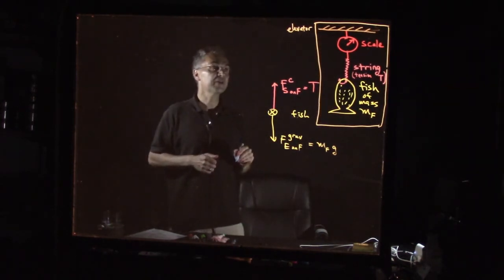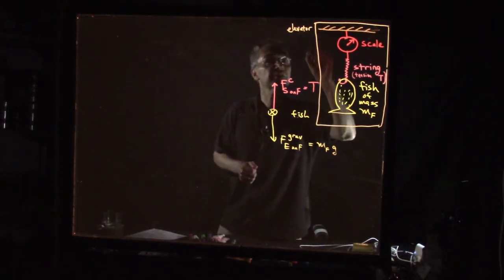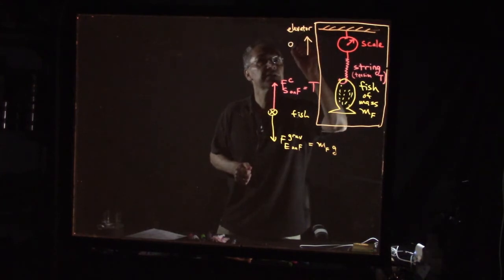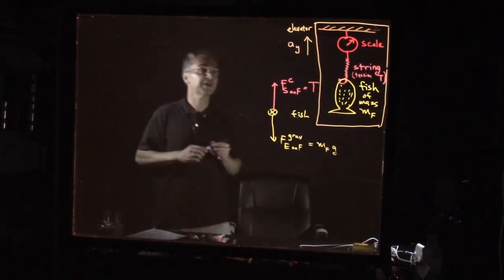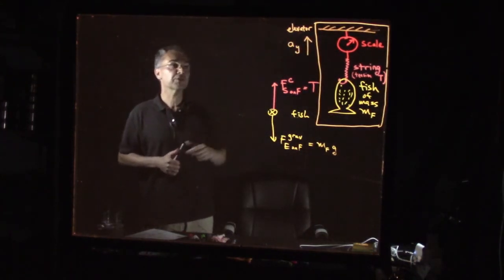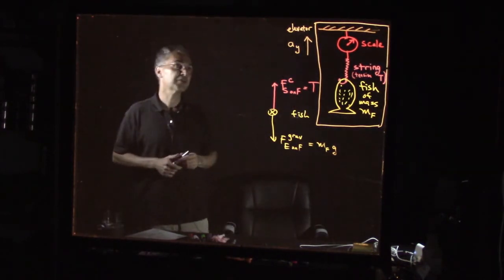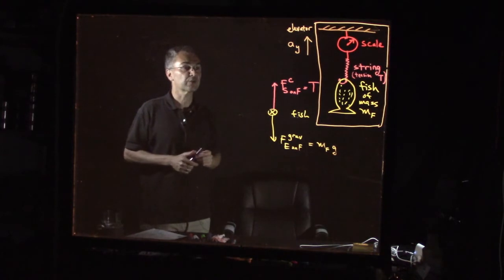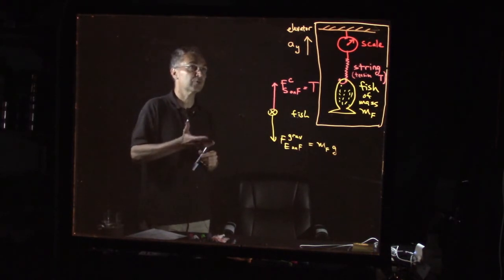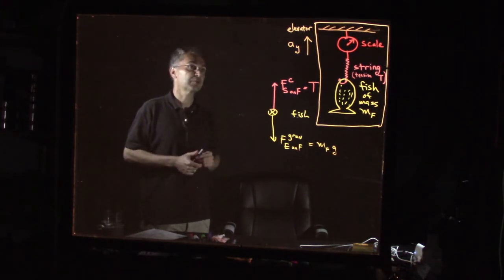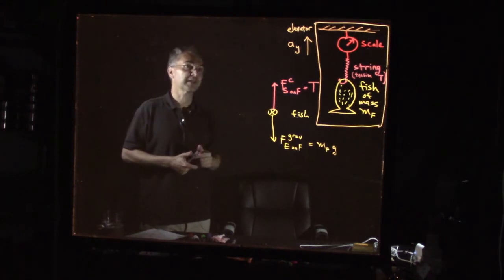Let's say the elevator has some upward acceleration a sub y. If the elevator is accelerating upward, then a sub y is positive, and if it is accelerating downward, then a sub y is negative. So we'll just take a sub y to be positive, and if we want it to accelerate downward, we'll plug in a negative value.